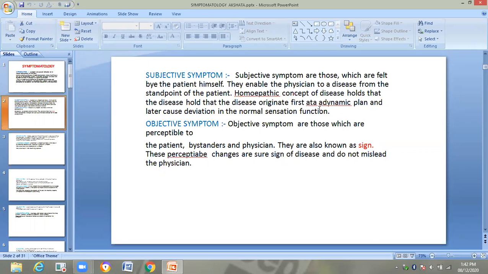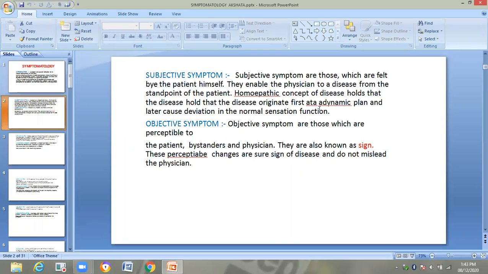So first the disease occurs at the dynamic plane, at the inner level, at the level of the vital force; the derangement occurs, then it is reflected in the form of abnormal sensation and function, and afterwards outwardly, through the material body, we get the different signs and symptoms.